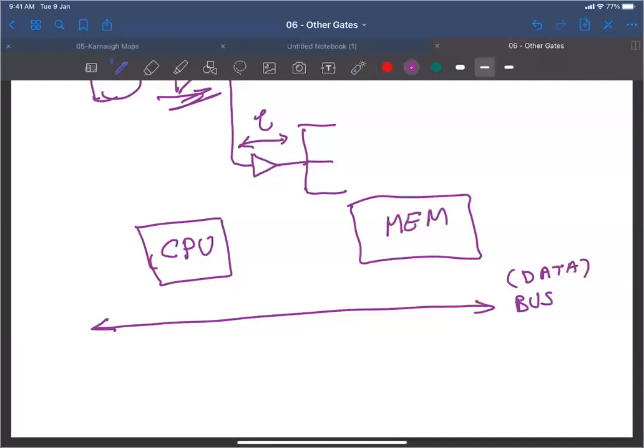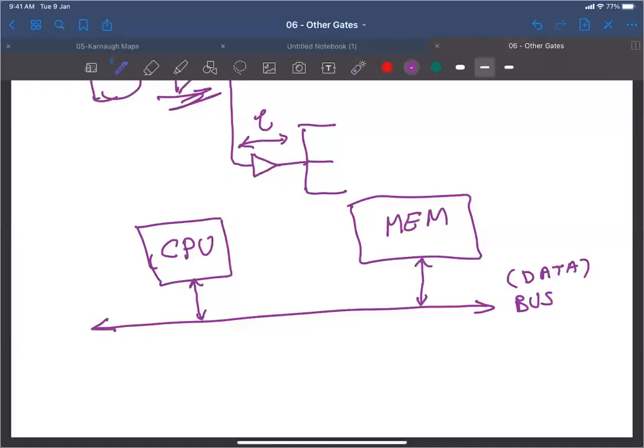Now this data bus, notice that the CPU can either write to memory or read from memory. So both the CPU and the memory will write to the data bus, right? So we have here an input-output relationship, but it cannot happen at the same time.